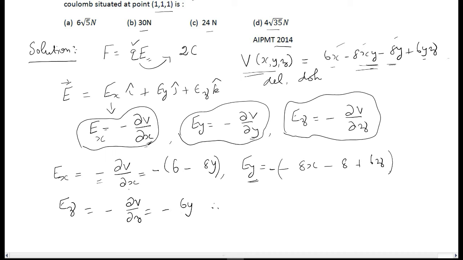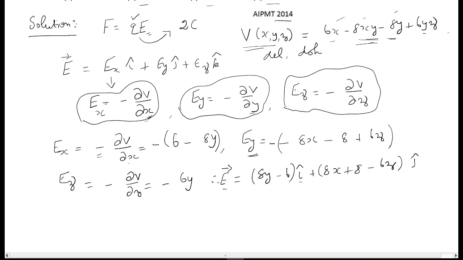Therefore E is equal to Ex. This is minus 6 plus 8y, so I write it as (8y - 6) i cap. The left side is a vector, so on the right side I introduce i, j, k. Then Ey will be (8x + 8 - 6z) j cap.